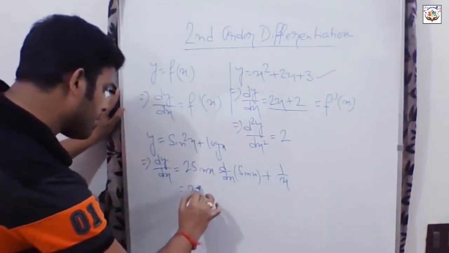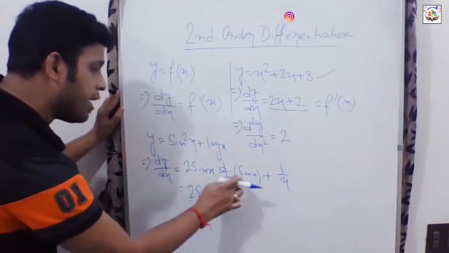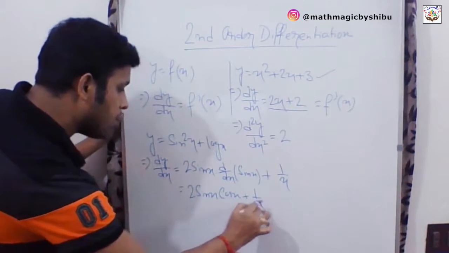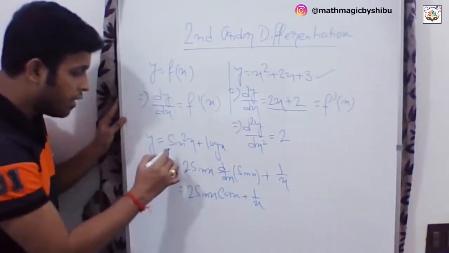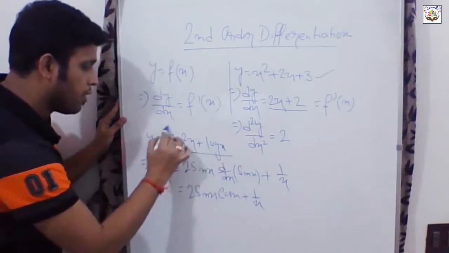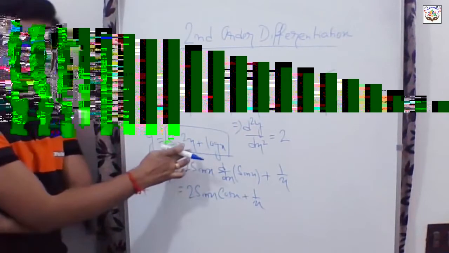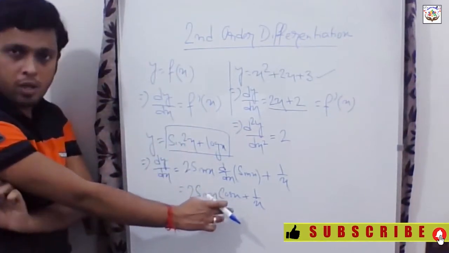So dy dx will become 2 sin x, and d dx of sin x is cos x, plus 1 by x. So this is the first order differentiation of this function. If y equals sine square x plus log x, then its dy dx will be 2 sin x cos x plus 1 by x.